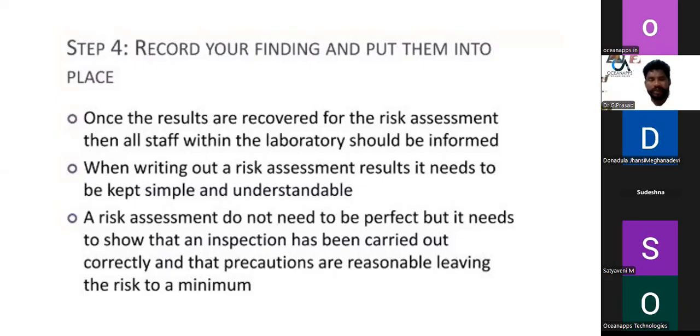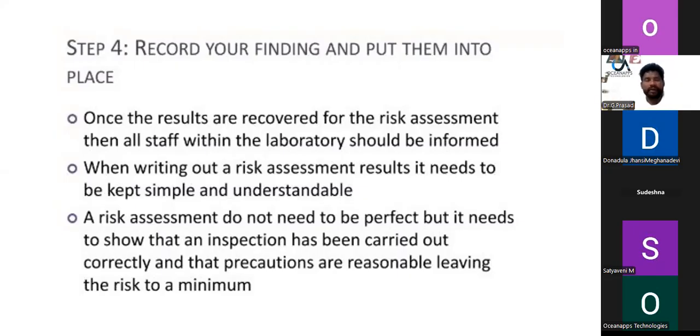The next one, when writing out risk assessment results, it needs to be kept simple and understandable. అంటే మనం ఏదైనా ఒకటి వాళ్ళకి తెలియపరిచినప్పుడు కానీ, ఇన్ఫార్మ్ చేసినప్పుడు కానీ, కమ్యూనికేషన్ పరంగా చెప్పినప్పుడు కానీ, ఇట్ షుడ్ బి సింపుల్ అండ్ అండర్స్టాండబుల్, అంటే సులభంగా ఉండాలి, వాళ్ళకి అర్థమయ్యే రూపంగా ఉండాలి.